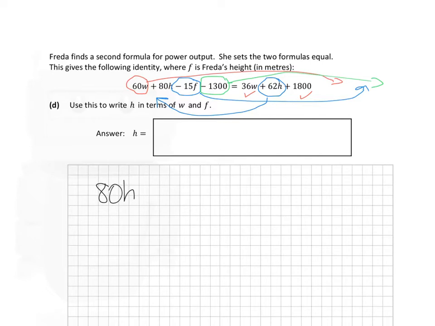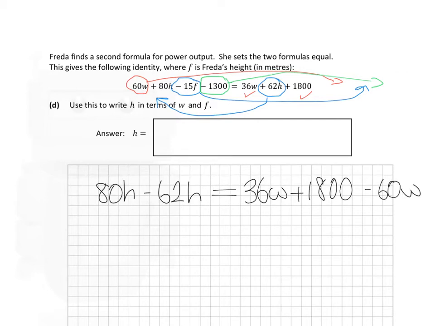Minus 1300 is going over to the other side. Now, is there anything that needs to stay on this side of the equation? We can see that the 62H needs to be moved over to this side. So I'll put in minus 62H. Now, on the other side, 36W is staying, 1800 is staying, and I'm bringing the 60W over. So I'll have minus 60W plus 15F and plus 1300.